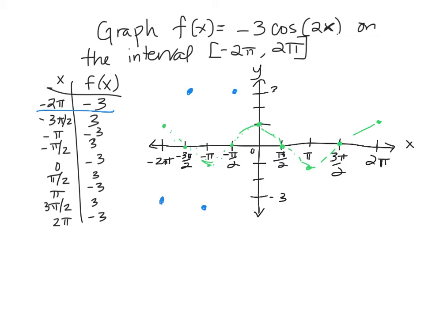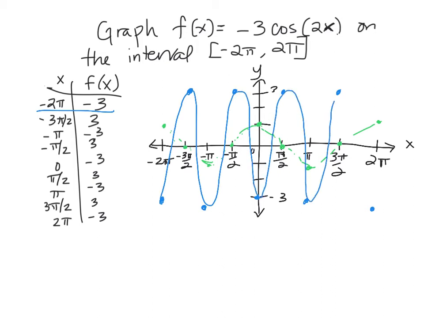And 0 comes back down. And we just kind of follow this pattern. And if we connect it, and hopefully this turns out looking better, okay, not too bad. Alright, so our new graph is in blue. Cosine was in green. I guess I can connect it. Doesn't look too bad.